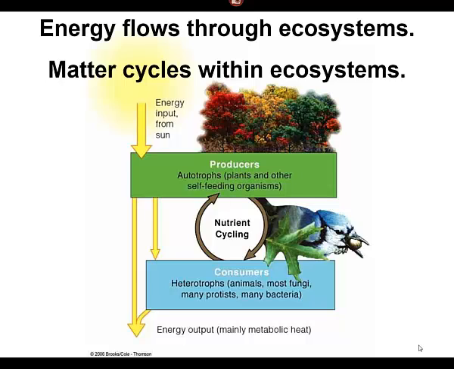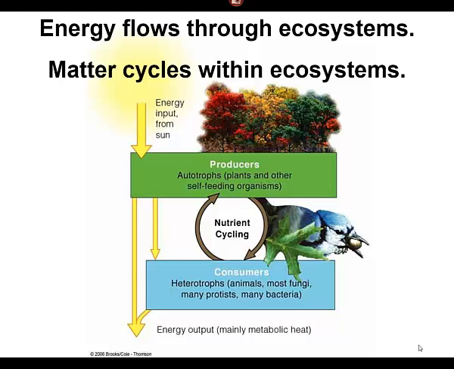So two simple places to start from what I just described, and you're going to study everything I just described in the chapter reading, is that energy flows through ecosystems. It comes in as solar energy and it leaves the biological system as heat. Matter cycles within ecosystems, and that's going to be our topic of the next lecture.